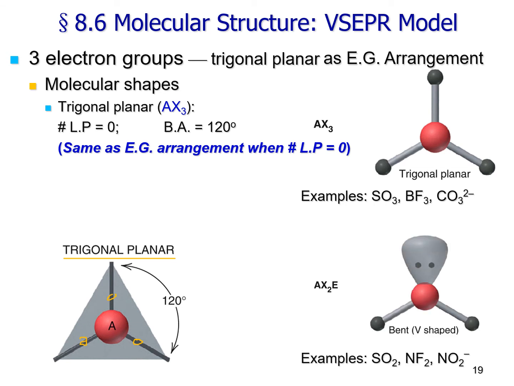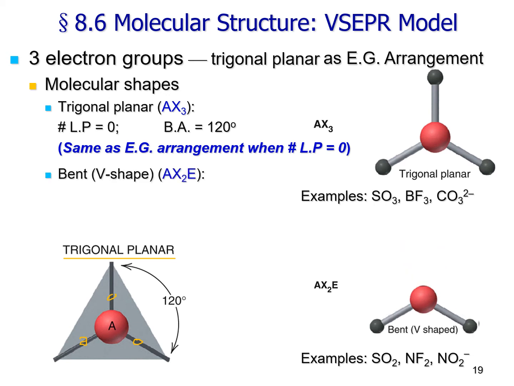What happens if we do have a lone pair? That means there will be no atom on the other end. I'd like to remind you here, a lone pair cannot be seen or detected. That is why we take away the lone pair, and this is what we have left as the shape of the molecule.